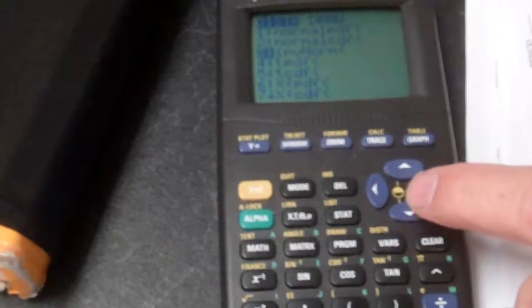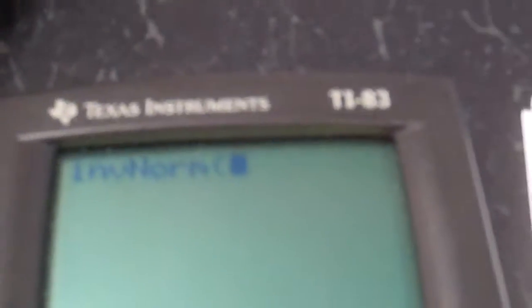And you see number 3, the inverse norm? Inverse norm is kind of for doing it backwards, and it's asking you how much do you want to be left of the line.